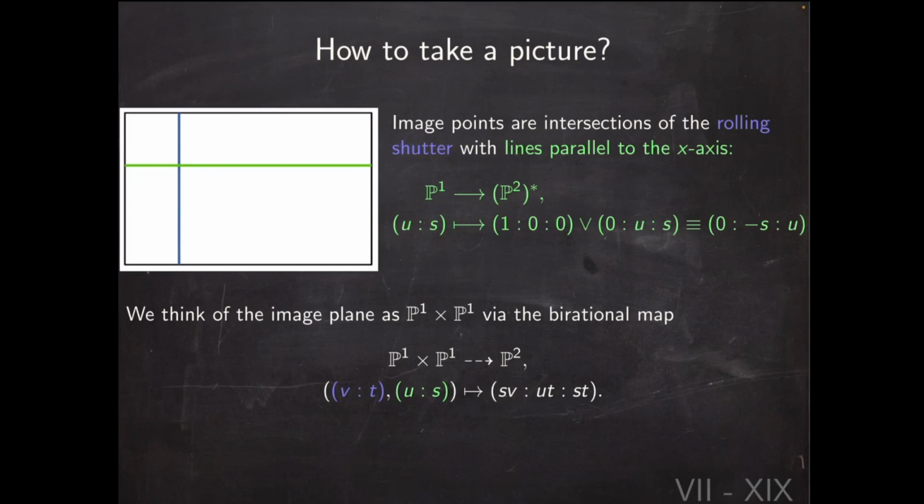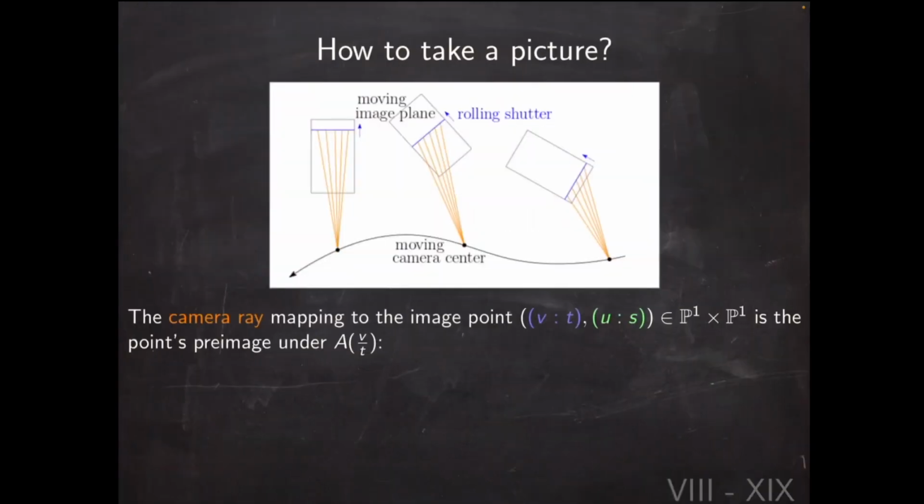So we're thinking of the image plane from that perspective, not really as a P2, but rather as a P1 times P1, right? Because I would always specify a blue line and a green line and intersect them. That's how I think of my pixel coordinates.